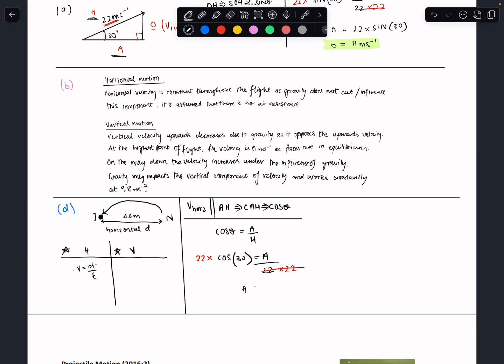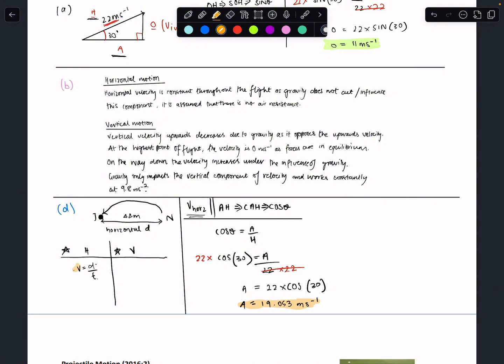Then we're left with A equals 22 cos 30. Plug that into your calculator, and what you should get is 19.053 meters per second. So this is our horizontal velocity. Okay, let me just highlight that so we can find it easily.